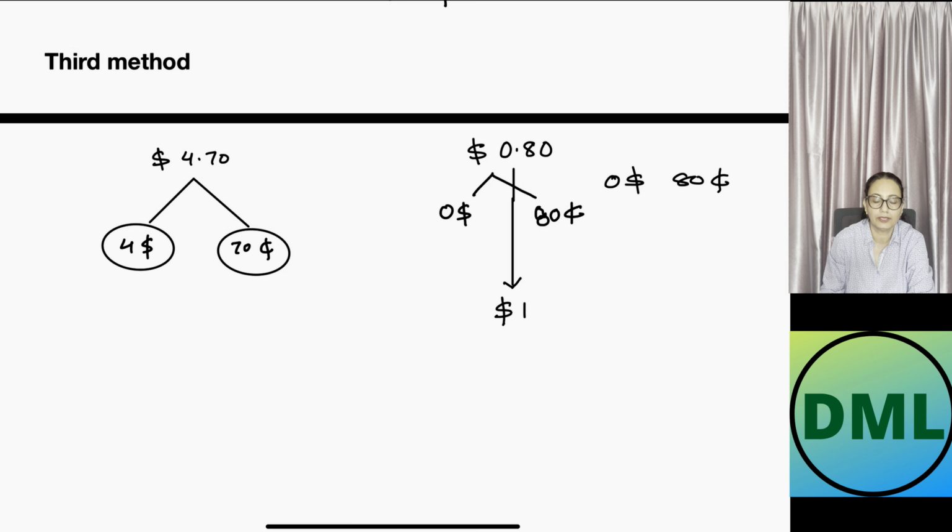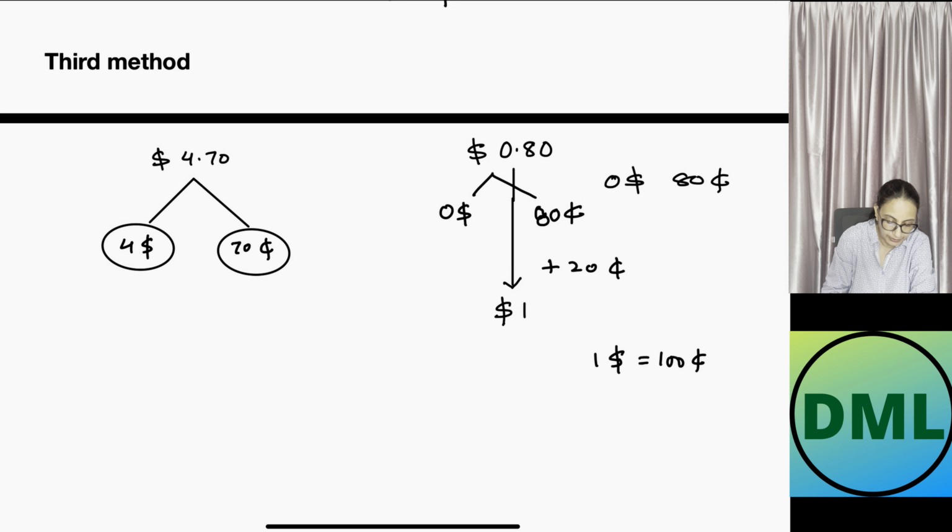I know that in $1 I have 100 cents. How many cents are less? I already have 80 cents. I want to make 100 cents. How many cents do I need more? I need 20 cents. That means I am adding 20 cents here to make it $1.